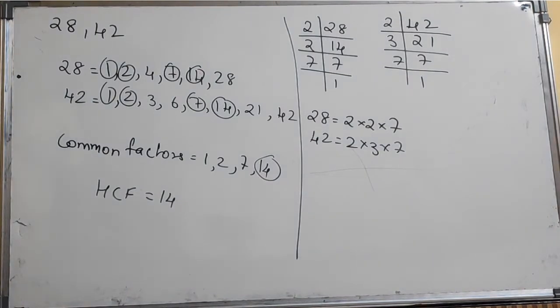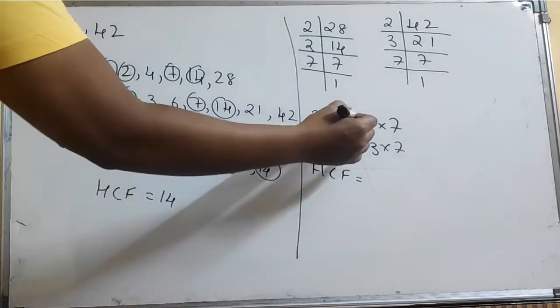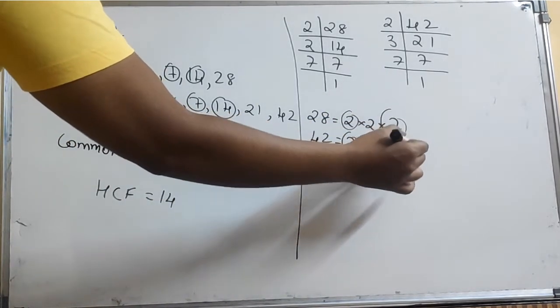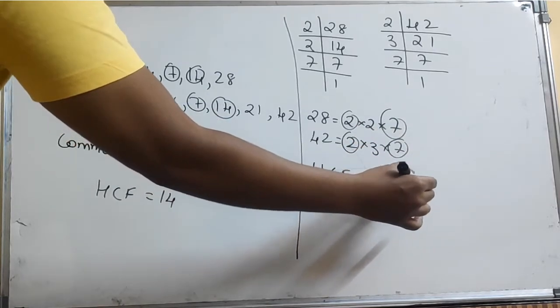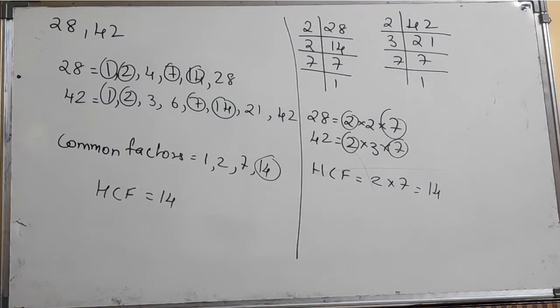Now, in order to find the HCF, we are going to check the common factors. We have a 2 and a 7. 2 multiplied by 7 is equal to 14. So HCF of 28 and 42 is 14.